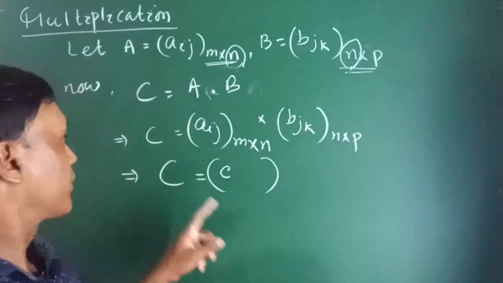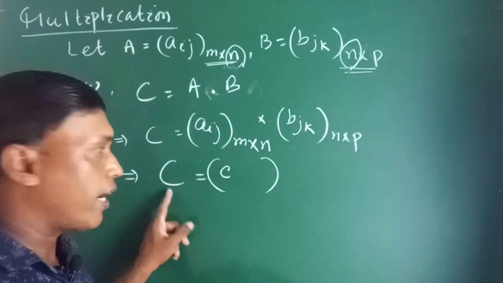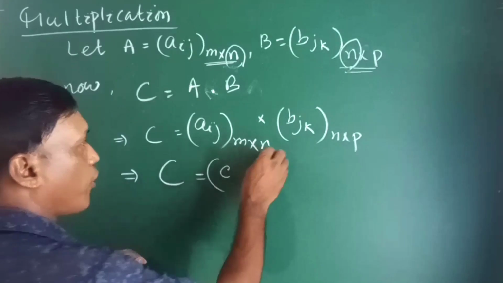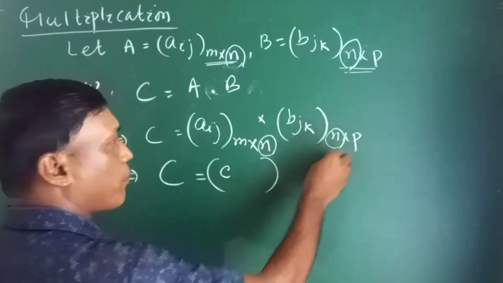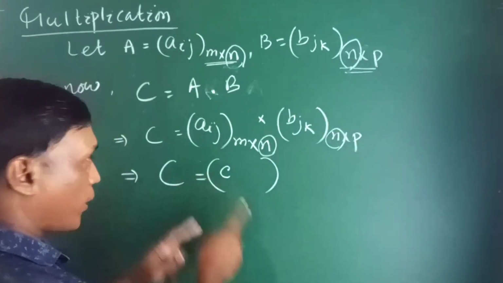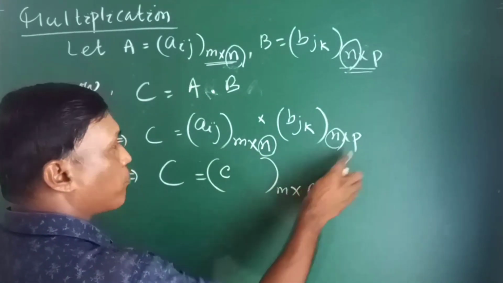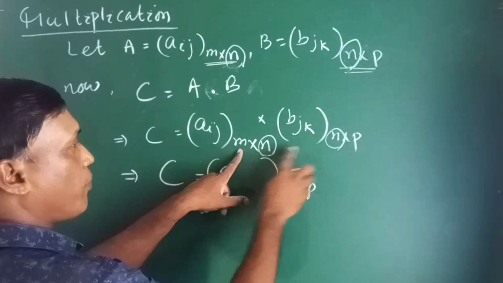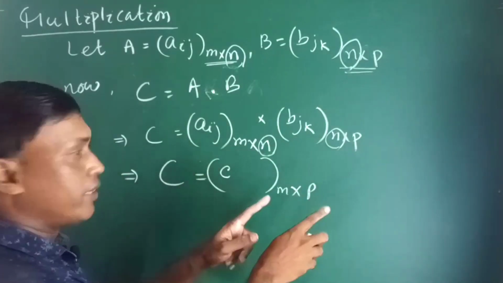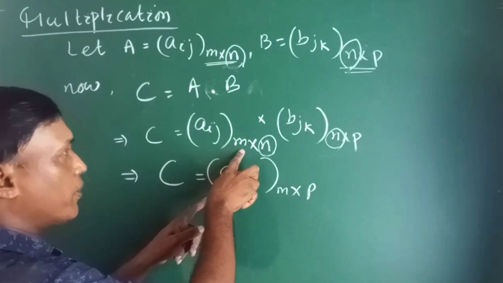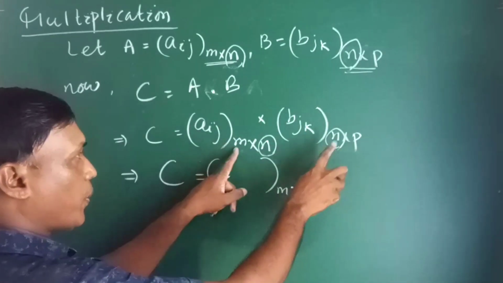But here C is the product matrix and the order of the product matrix is, look at here, number of columns is equal to number of rows and the order of a product matrix is m cross p. कॉलम रोज इक्वल हो गए तो रहा क्या, फर्स्ट मैट्रिक्स का रो, सेकेंड मैट्रिक्स का कॉलम एंड रो इनटू कॉलम.